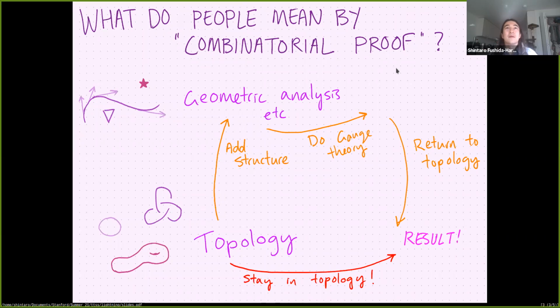The second is that by leaving the realm of topology and proving things using differential equations, for example, we are losing a lot of the visual intuition for why things might be true. The proofs don't necessarily help us understand why a result is true. It just proves it. So it'd be nice to stay within the realm of topology. And that's really what a combinatorial proof is.